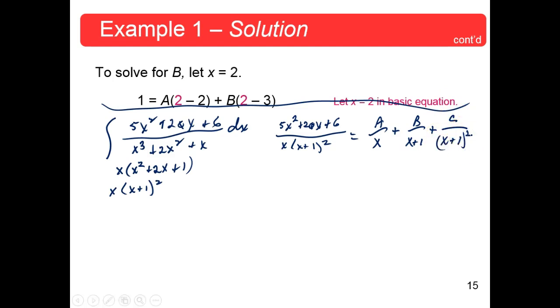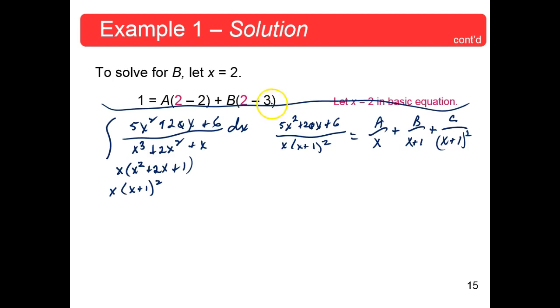Anytime you have a multiple one here, you do 1 for each power up to this power. But if it's a linear factor in the denominator, your numerator is a constant. If this had been an irreducible quadratic, then in the numerator you have a linear form.